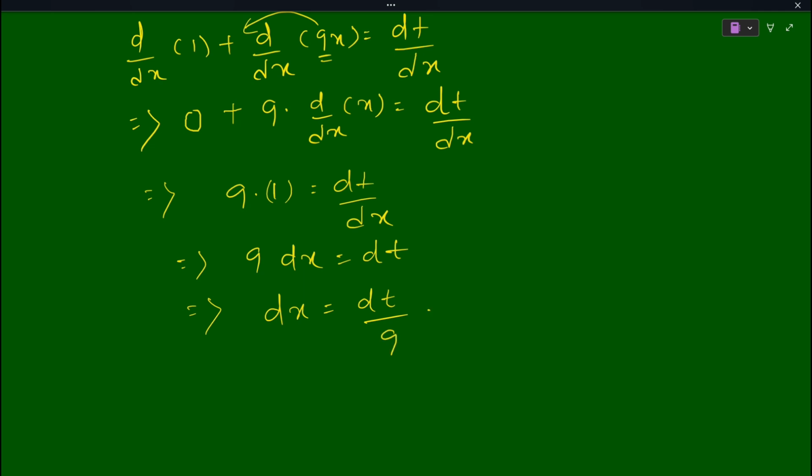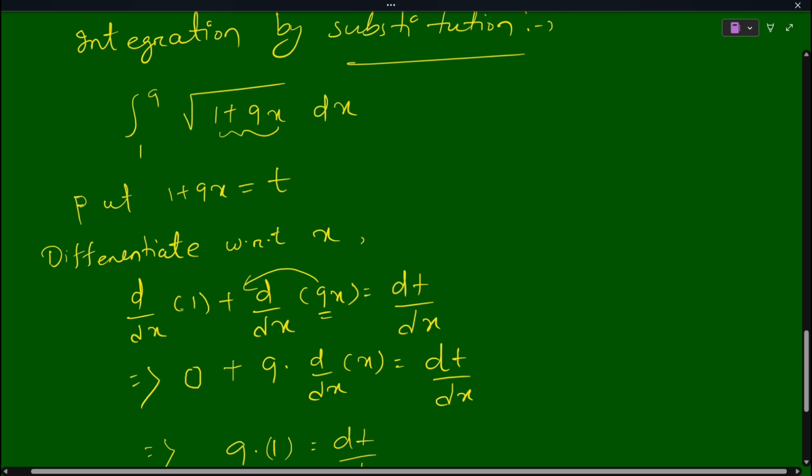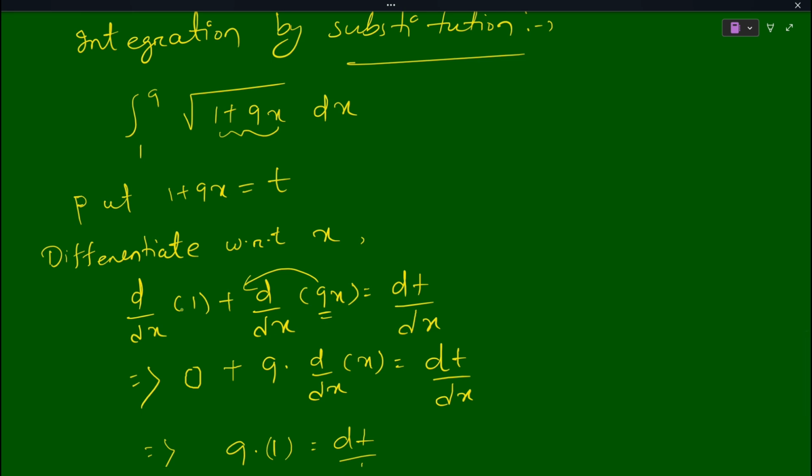Okay, the next substitution that we have to do is for the limits of x. Here the limits of x are from 1 to 9. We have to change these limits of x to t, because substitution means we are converting this integration from x to t. So let's use the limits. First, the lower limit of x is 1.